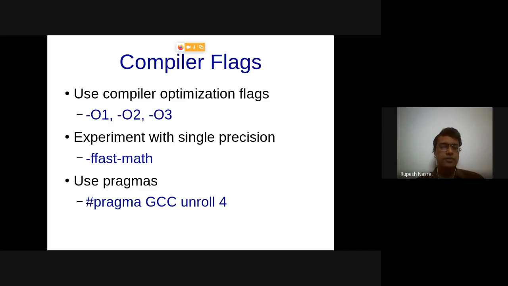Sometimes we have double precision or single precision in our programs. Most of the time, many of our scientific codes need to use double precision, but at times single precision is sufficient. That can be nicely provided by using some options to the compiler.